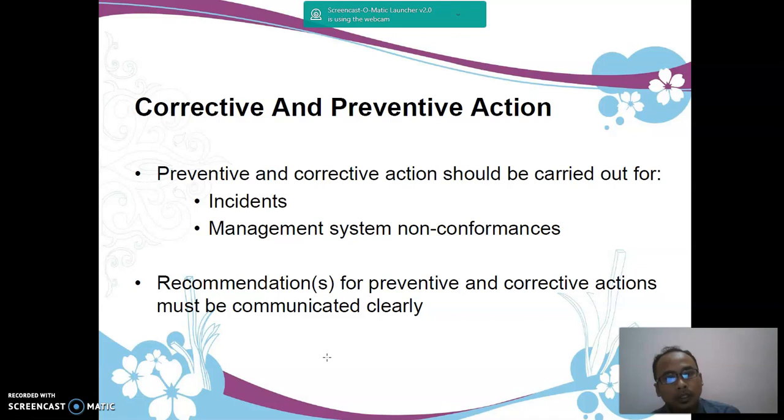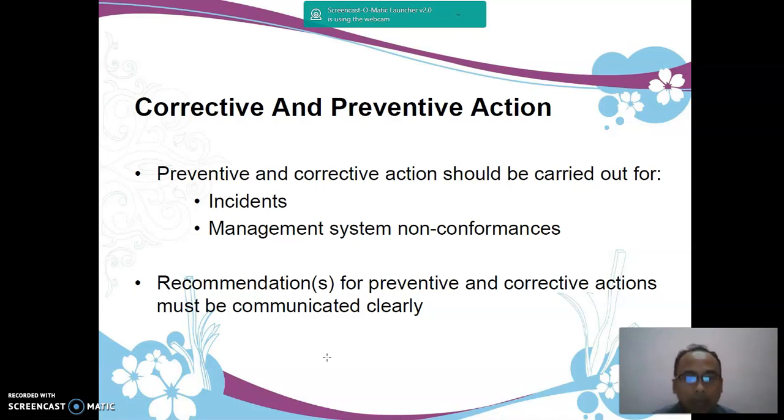And then the recommendation for the preventive and corrective action must be communicated clearly to the individual involved in the accident, and also to the safety and health committee.